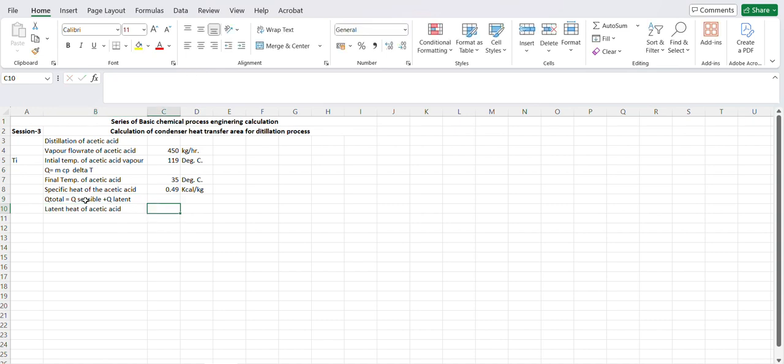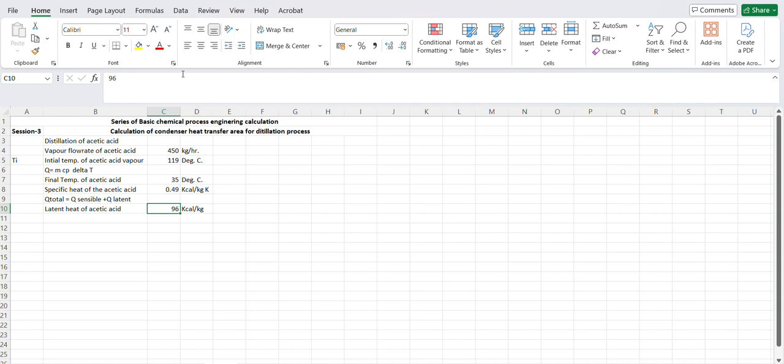The latent heat of acetic acid is 96 kilocalorie per kg. And for Cp, we need to correct the unit: kilocalorie per kg Kelvin.